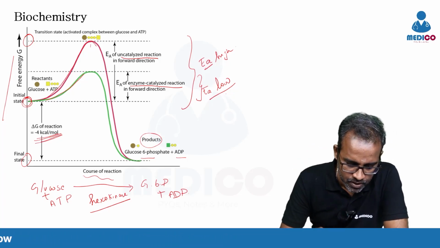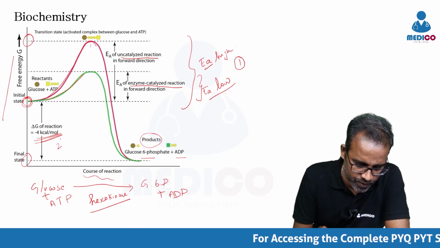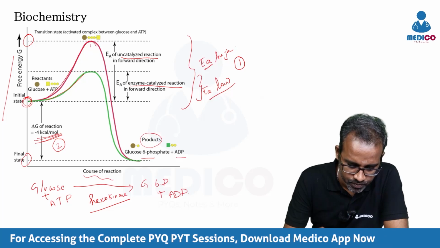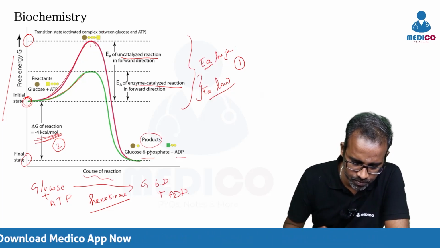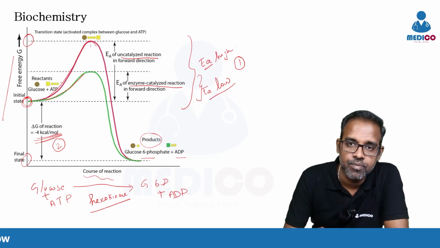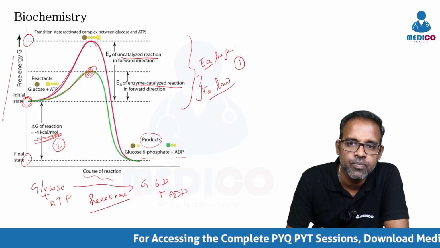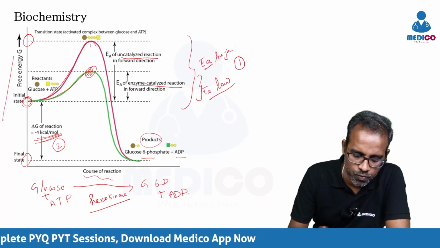So first, activation energy is lowered. Second, the free energy of the reaction remains constant. Third, if you see this transition state, what the enzyme does is it helps to stabilize the transition state, so that the enzyme will be able to form the product.